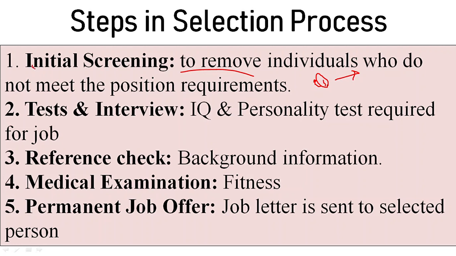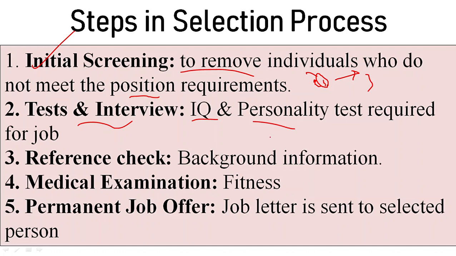So through initial screening you can dump the applications which are not fulfilling the criteria, the job criteria that you have mentioned. Then you can conduct the tests and interviews: your IQ test, your personality test, EQ test.